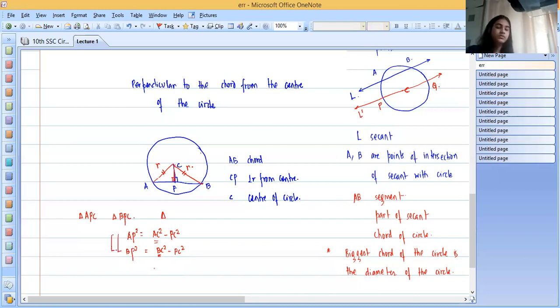So when we use the right angle hypotenuse side test, we are effectively using the SSS test. All the three sides are equal in this case. So these two triangles are congruent. Therefore, AP equals BP.